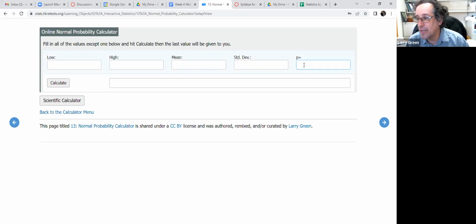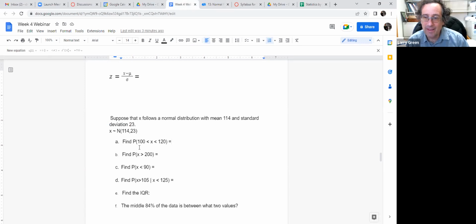And the way you do it is you put in all the ones you know, and one of them you leave blank. Does that make sense? If you put in all the ones you know and leave one blank, it'll give you the blank one. So in the example we wanted to look at, we want the probability that x is between 100 and 120.